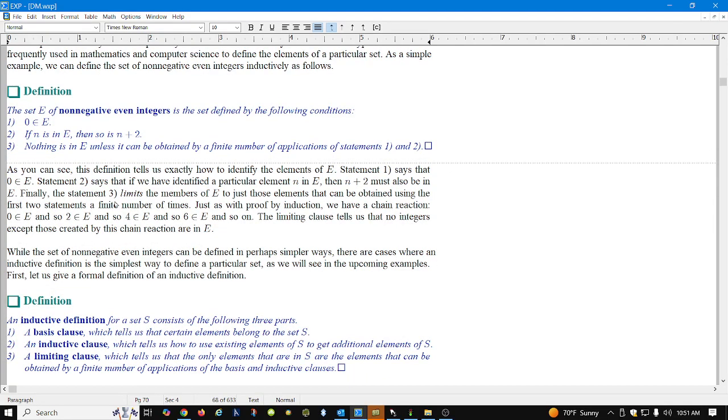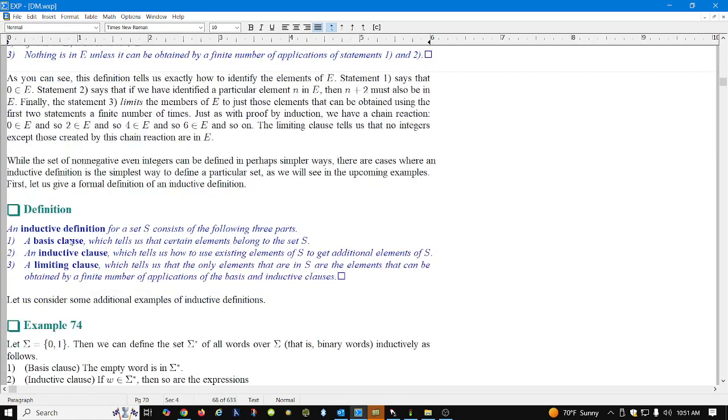Defining the non-negative even integers can be done in a variety of ways, many of which are simpler than this, but this illustrates definition by induction. Here's the formal definition of definition by induction. An inductive definition for a set S consists of a basis clause which tells us that certain elements belong to S. It could be more than one element.